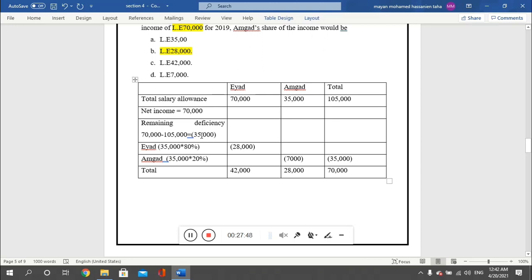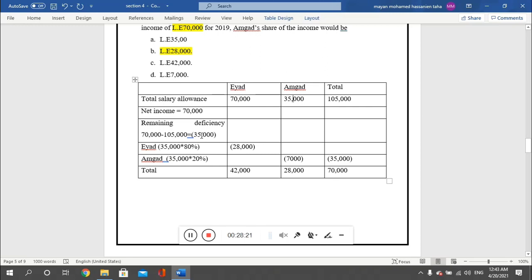This 35,000 will be distributed among the two partners according to the ratio mentioned in the question: Iyad and Amgad have agreed to share profits and loss in an 80-20 ratio, 80 to Iyad and 20 to Amgad. So the loss of 35,000 livre Egyptian will be distributed among Iyad and Amgad by the ratios.